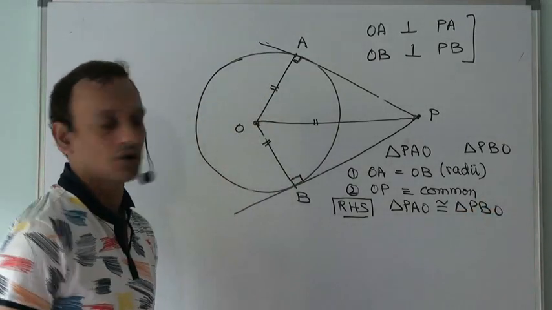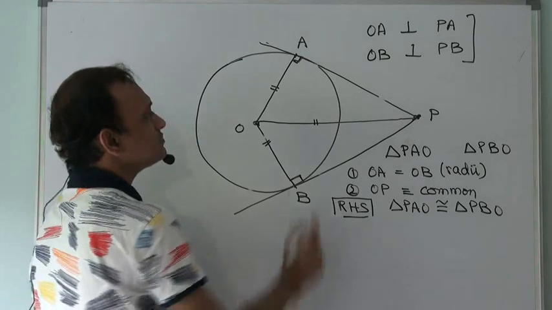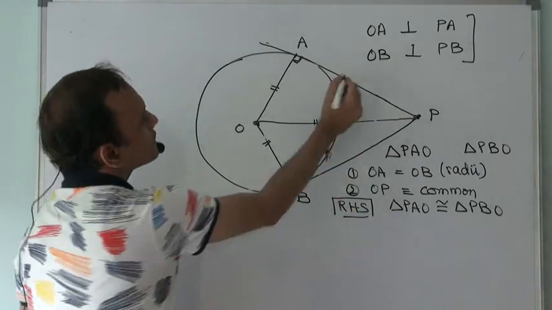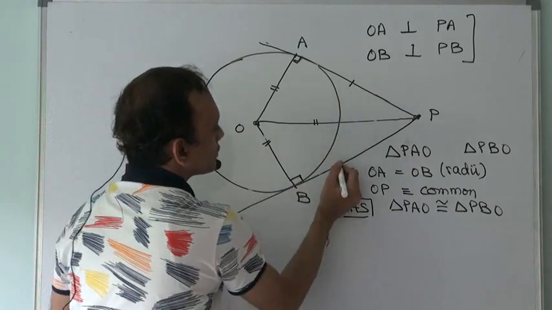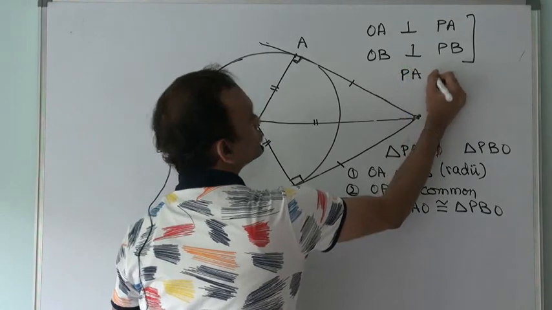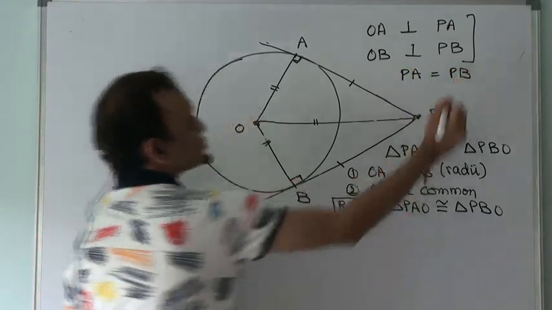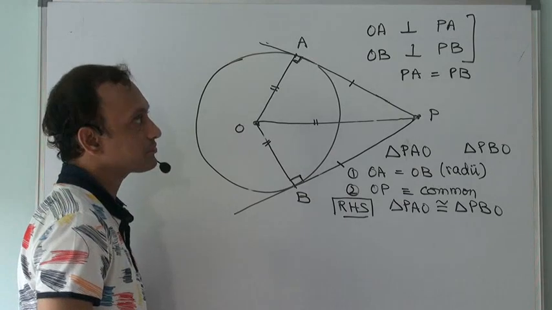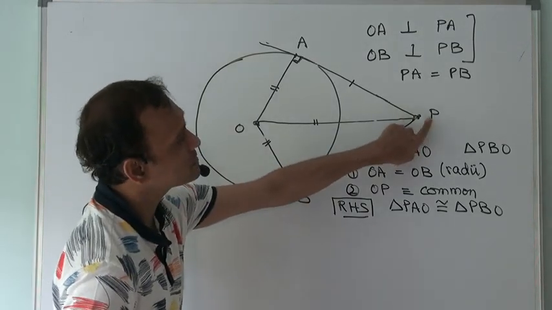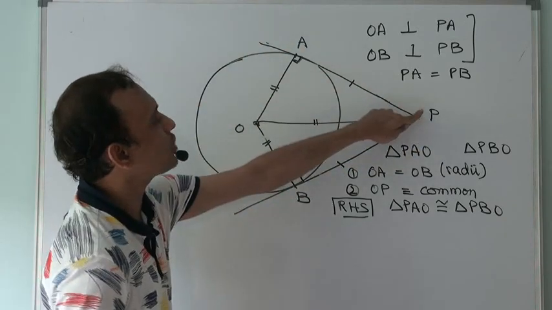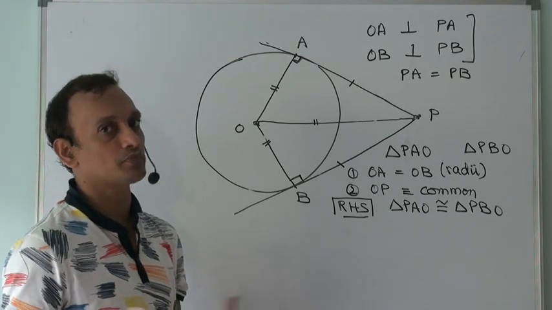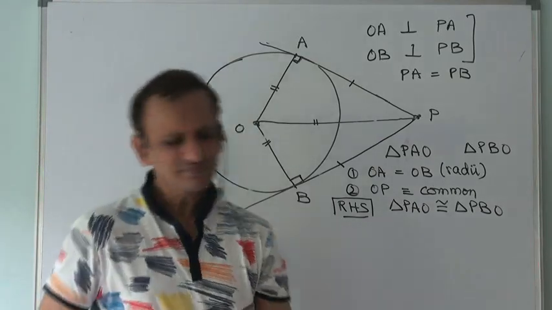And therefore, if they are identical in all respects, it's then easy to suggest that PA must be equal to PB. Right? Which means that if I have an external point, then the lengths of the tangents drawn from the external point to a circle must be equal. That's an important property.